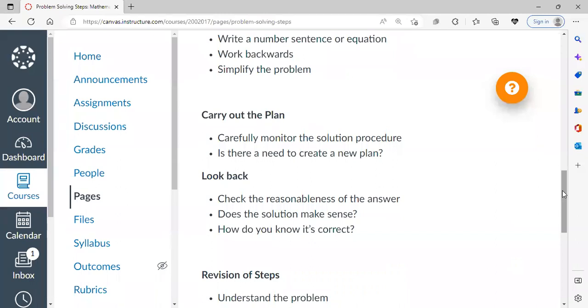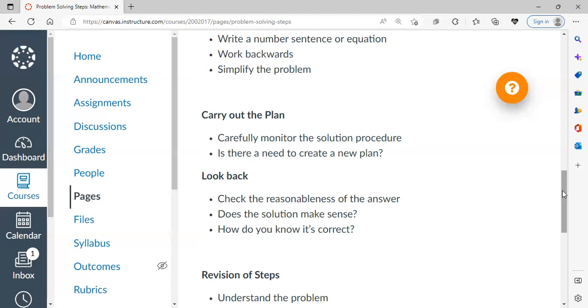When we're looking back at our answer, we're checking if the answer is reasonable. Does it make sense? And how do we know it's correct? Sometimes when we look back at our answer, we realize that we did the incorrect thing and we have to go back over it and make adjustments, right?